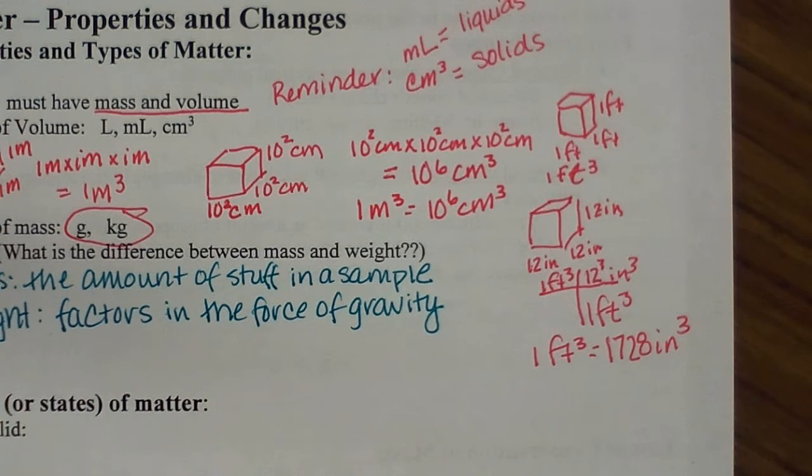Now, here's the thing. Gravity is so affected by the size of things and the distance between them that the gravity we experience here in Florida is greater than the gravity we experience in Denver, the mile-high city, because in Denver we are a mile farther away from the center of the Earth.